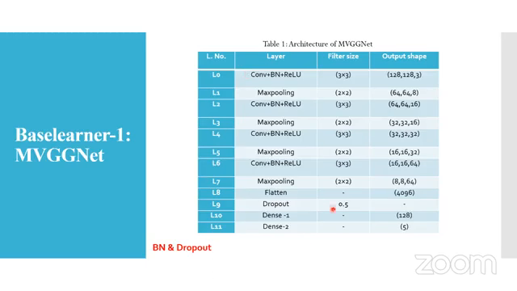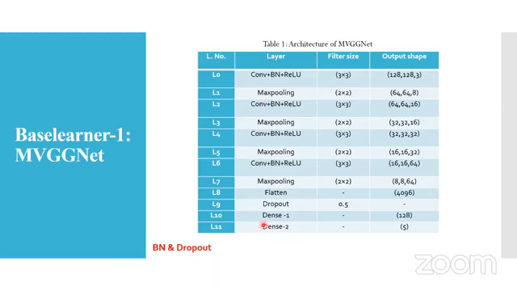Exactly what modification we have done is tabulated in this table. You can see here our L0, L1, L2. We have taken a total of 11 layers here; instead of taking the total 16 layers, we have reduced it to 11 layers.